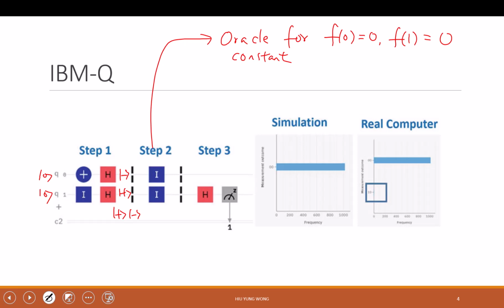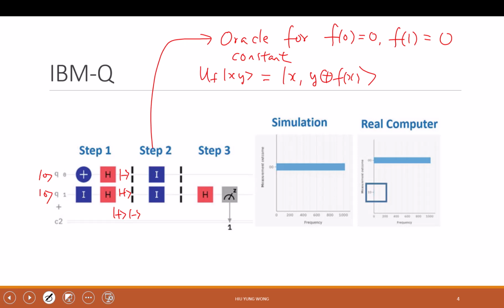Then what should this oracle do if that is the case? Think about this. U_f, right, on xy. I just combine them together because you know that this is a tensor product. xy goes to x, y exclusive or f of x, right? That's what it does for this quantum oracle.